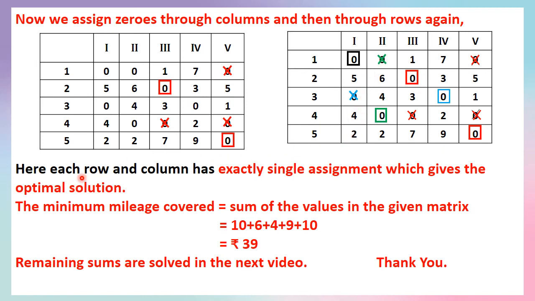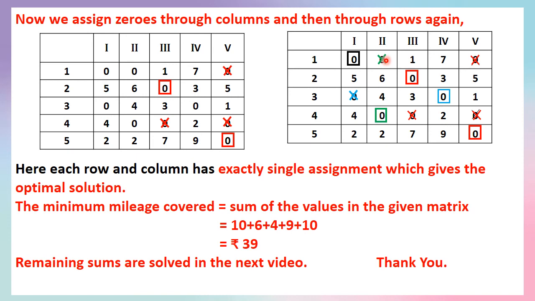So here each row and each column has exactly a single assignment, so we can say that this matrix provides the optimal solution. The minimum mileage covered is the sum of the values in the matrix given in the question.